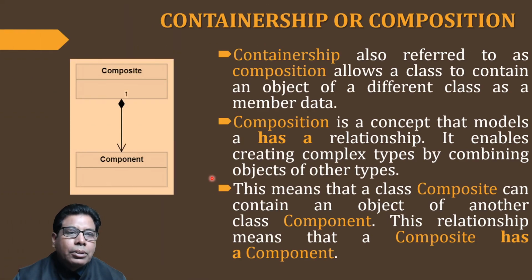Then let us go to the next feature, that is the containership or composition. The containership is also referred to as composition, and it allows a class to contain an object of a different class as a member data. Now see, already we have studied the class.